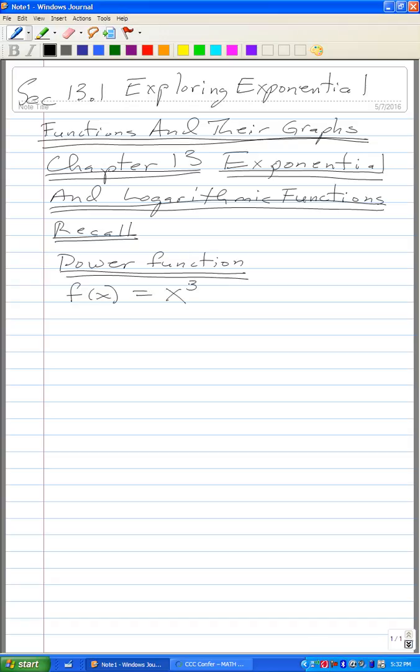So this is an example of a power function. The base here is your variable, and your exponent is fixed.